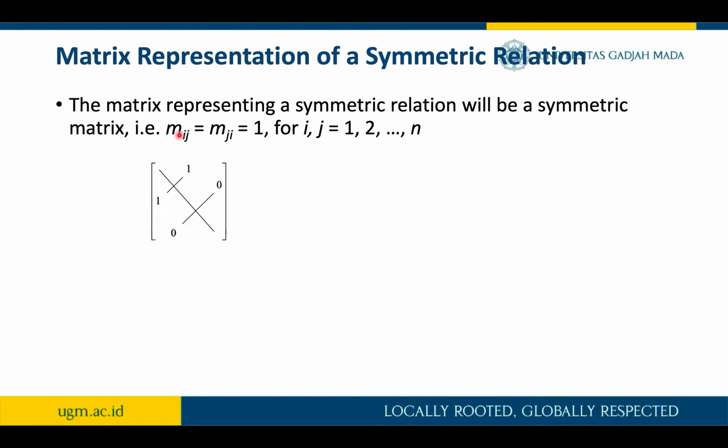So Mij equals Mji, for i, j equals 1, 2, up to n. If Mij equals 1, then Mji must also equal 1. But if it is 0, then Mji should also be 0.